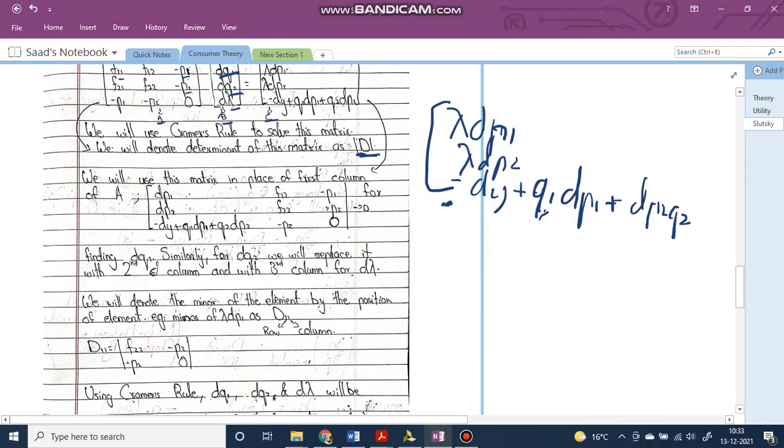Similarly, for dq2 we will replace it with the second column, then for d lambda we will replace it with the third column, and find the matrices.